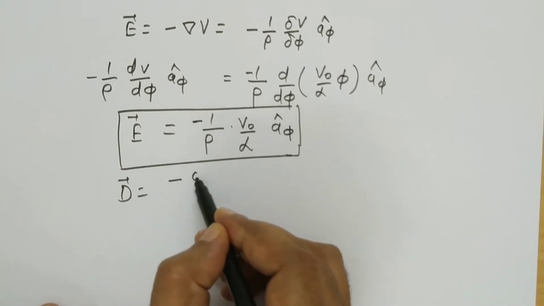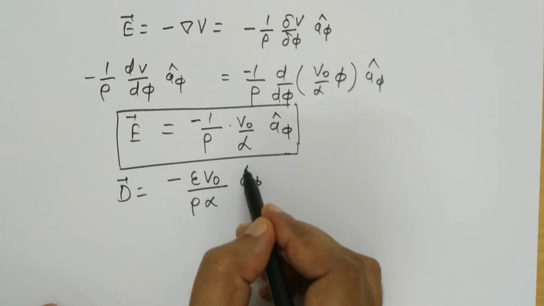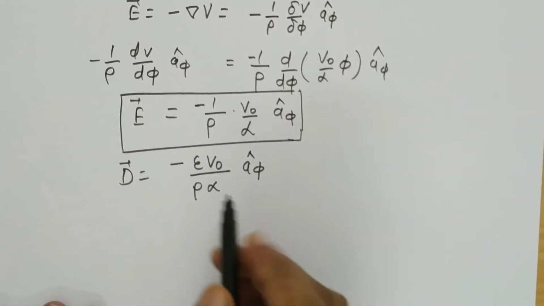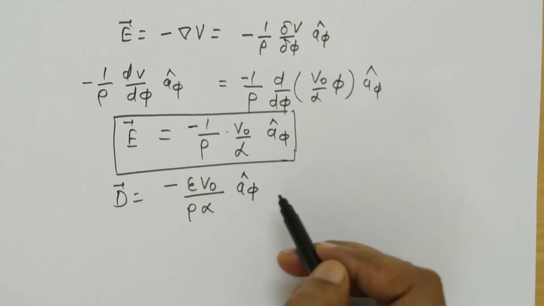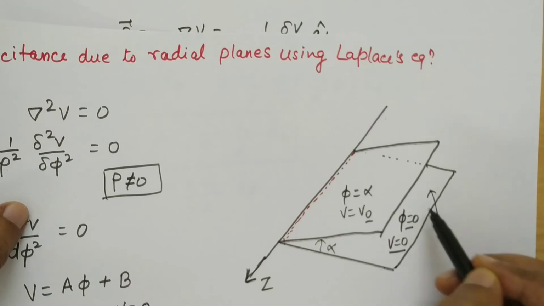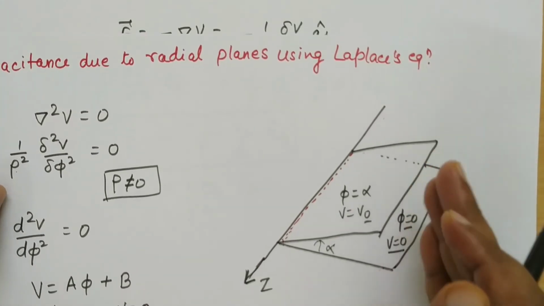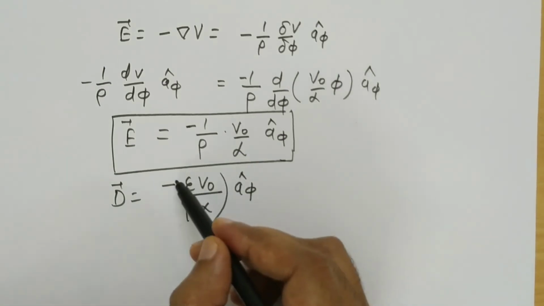Now we will calculate the electric flux density by multiplying with epsilon. So it will become epsilon V naught by rho alpha a phi. Also, the normal component on these surfaces will be a phi, because a phi is going to be normal, perpendicular to this. So this whole component is actually the normal component.